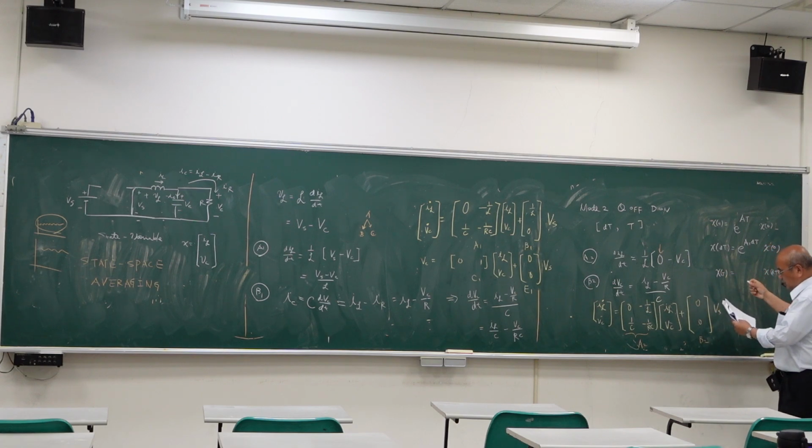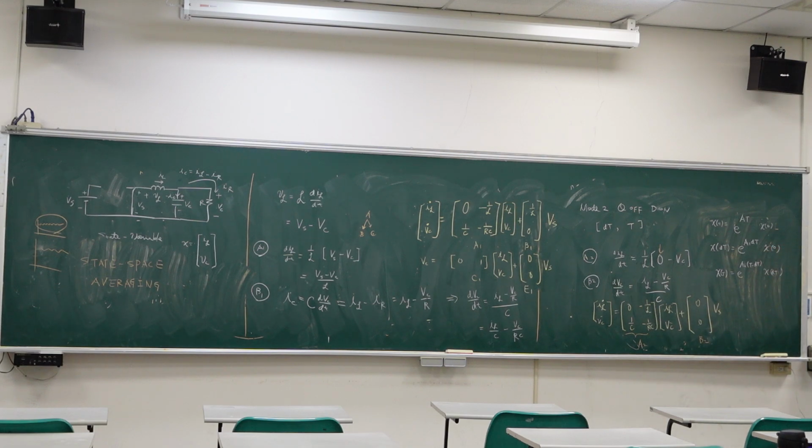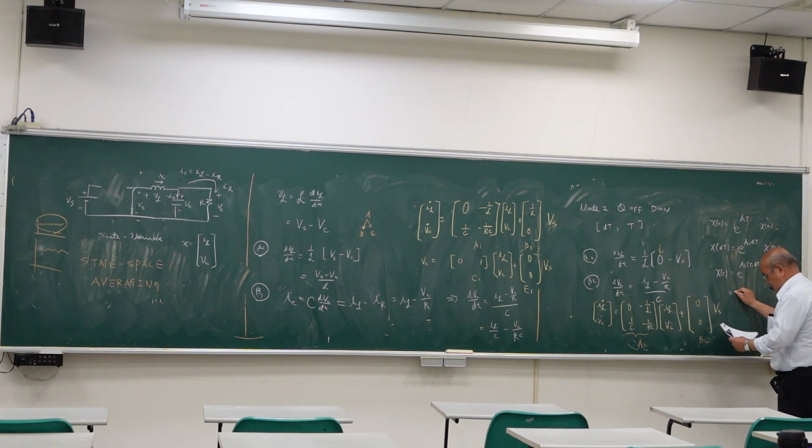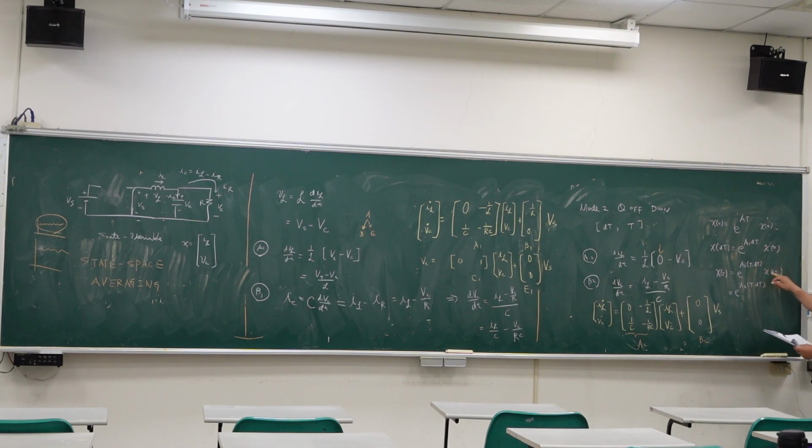So this is mode 2: e^(A2 (t minus dt)). This is the mode 2 transition. Then combining the equations, we can say this is e^(A2 (t minus dt)) multiplied by x(dt). x(dt) is e^(A1 dt) x0.